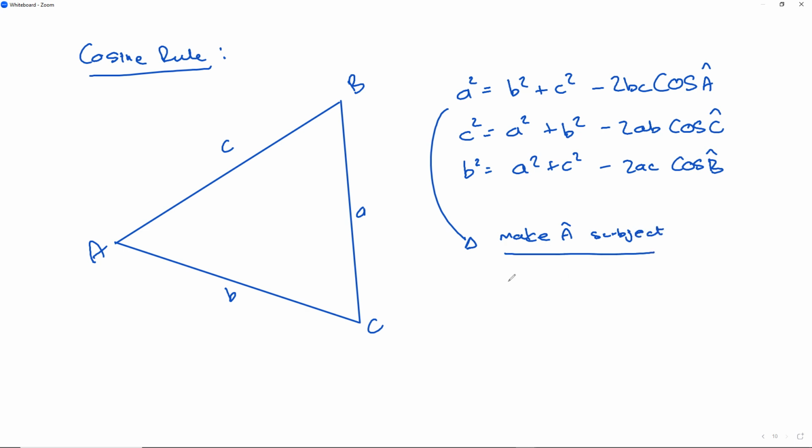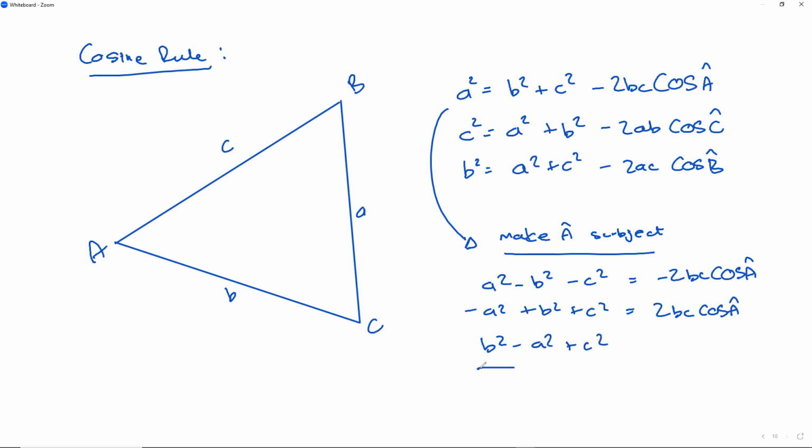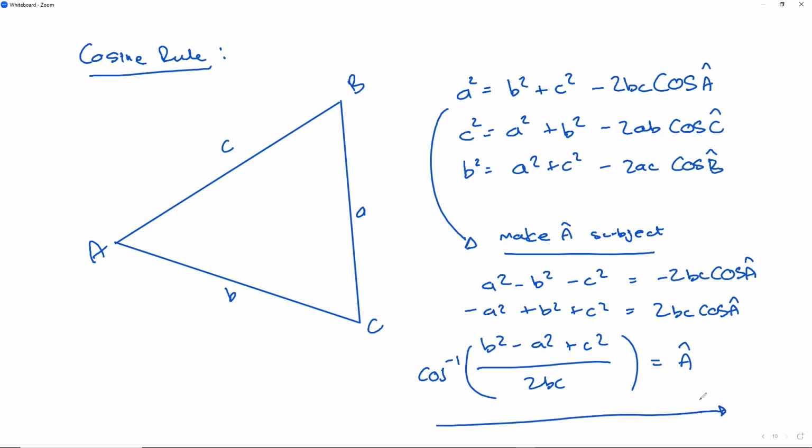I'm going to get a squared minus b squared minus c squared equals negative 2bc cos angle A. Then I can multiply by negative throughout, so negative a squared plus b squared plus c squared equals 2bc cos angle A. I can move this around, so it becomes b squared plus c squared minus a squared, so it looks nicer, divide by 2bc, and then move cos over completely, getting me angle A. That could be seen as another formula, or you could substitute it into this formula and do all of these steps anyway, instead of memorizing that.